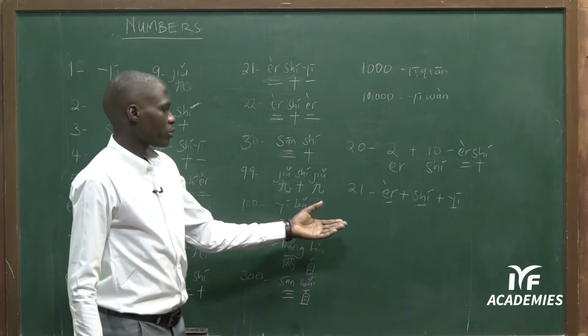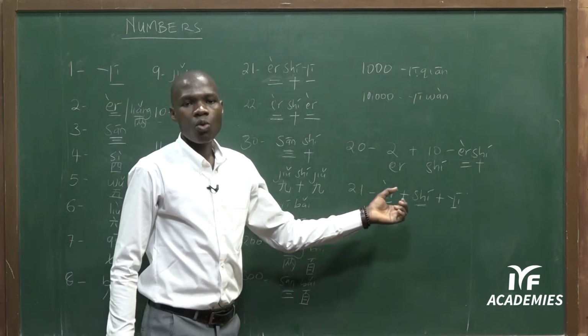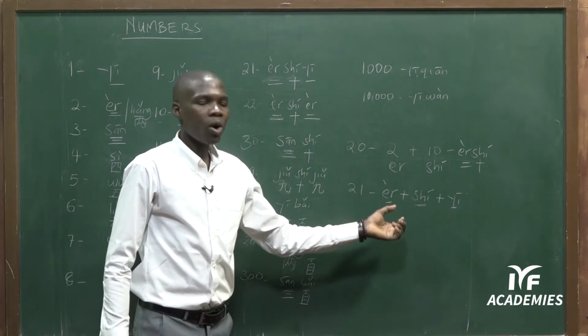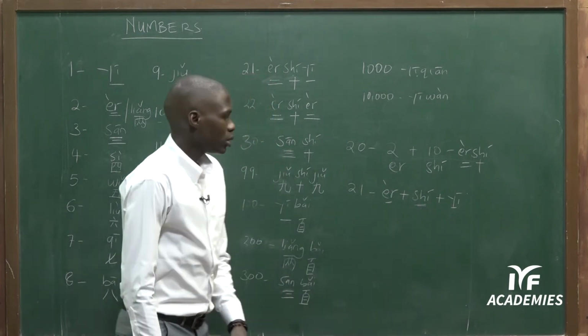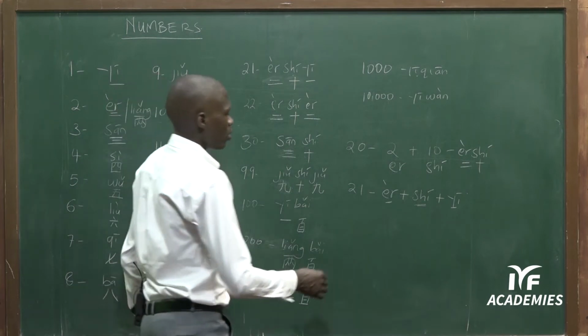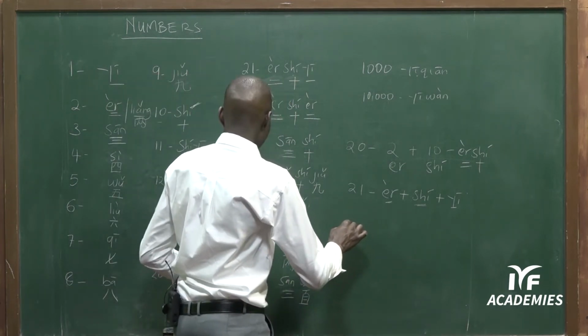So this is how you want to say 21: er shi yi.